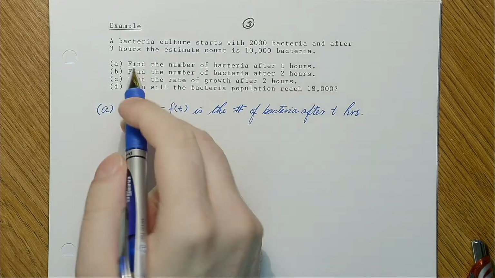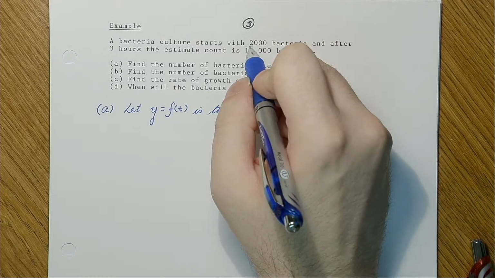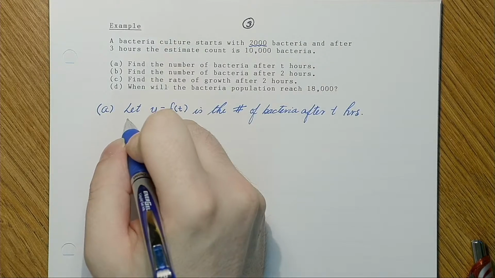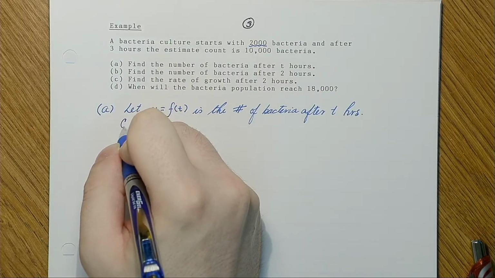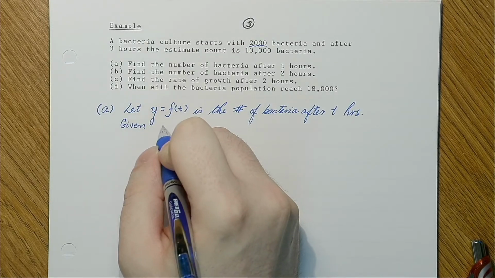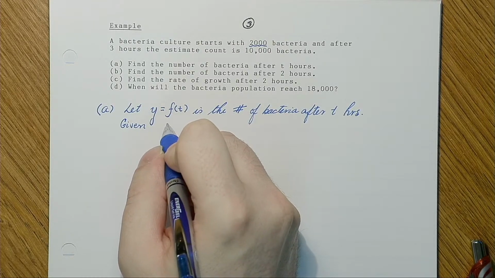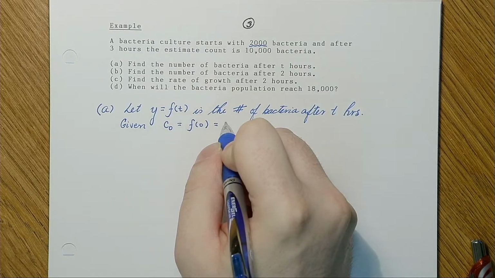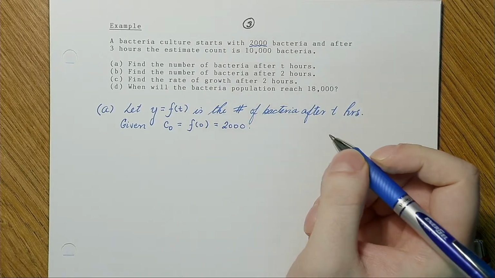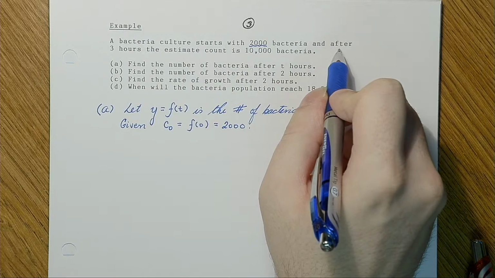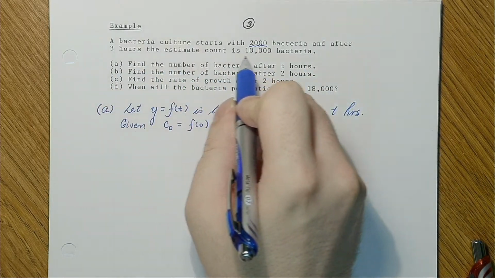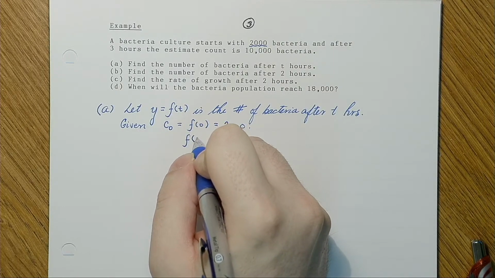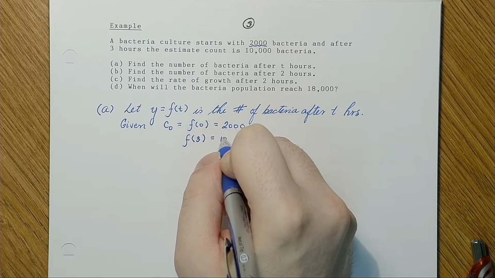From this, we're told right here that we're starting out with 2,000 bacteria. So part of our given information is that our C0, which is f at 0, is equal to 2,000. The other thing is that we're told that at 3 hours, the estimated count is 10,000. So we're also given f at 3 is equal to 10,000.